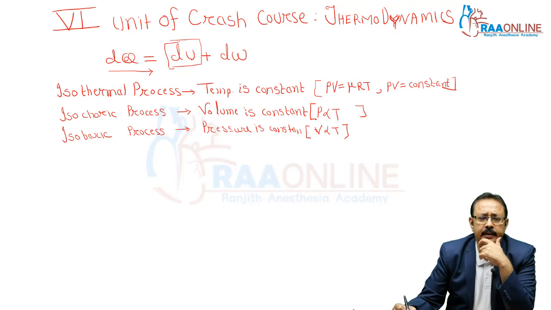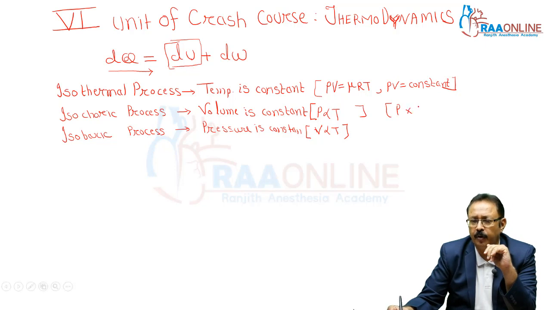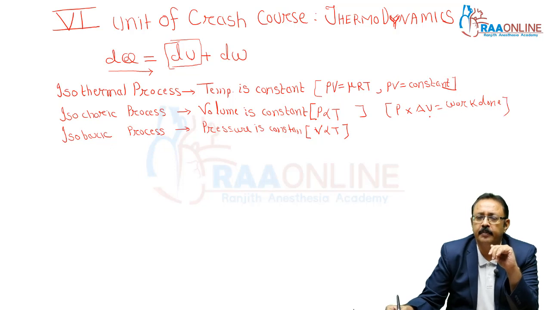So one more thing is there. We know that pressure into change in volume is equal to work done. If the process is isochoric, volume does not change, so work done should be 0.